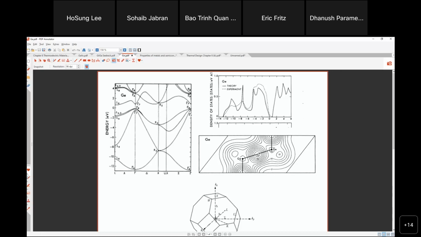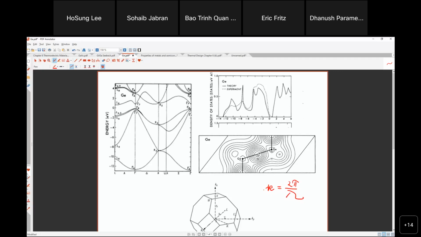But the center is very large. K is small. Again K is 2 pi over lambda, wavelength.